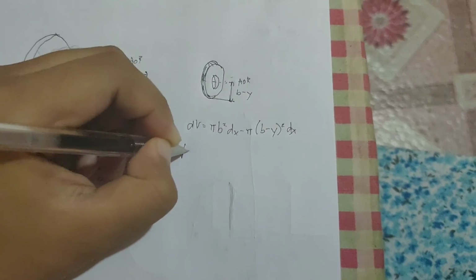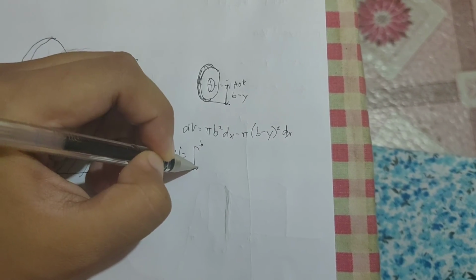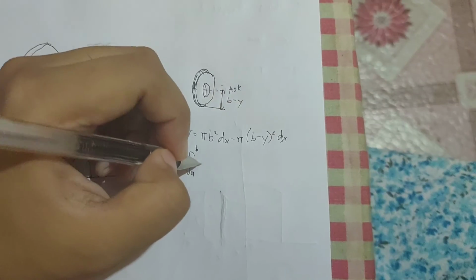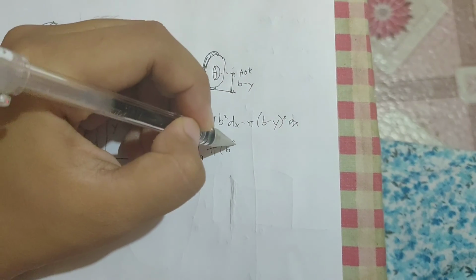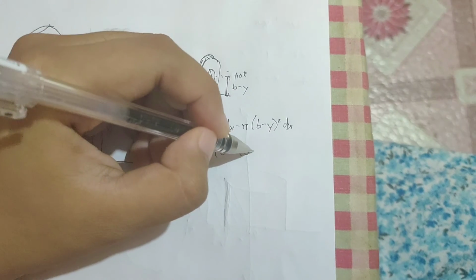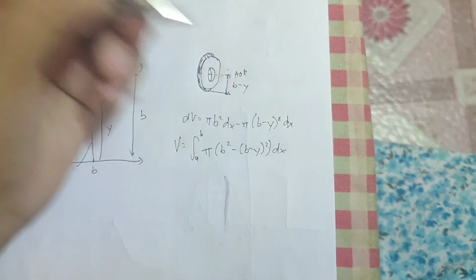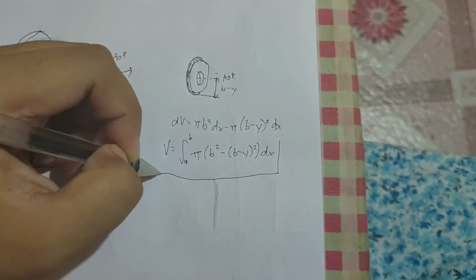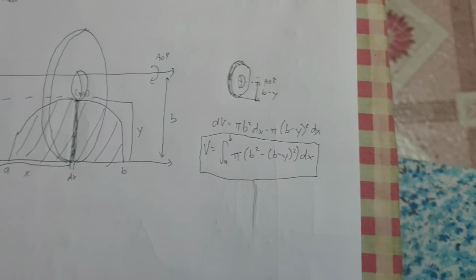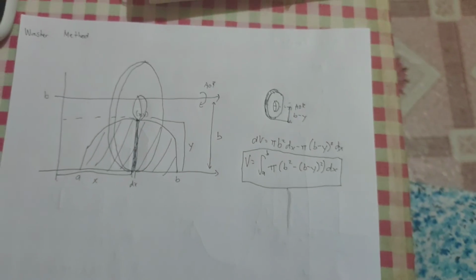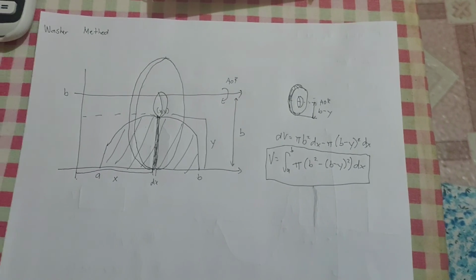To derive the formula, limits from a to b, pi times b squared minus b minus y squared dx. That's it. And that will be the formula on how you will get the volume if you are using a washer method.